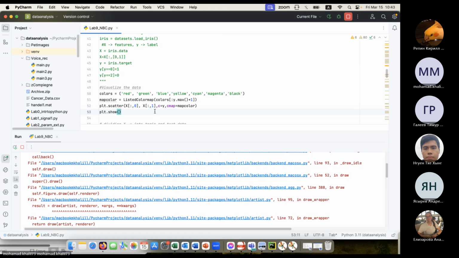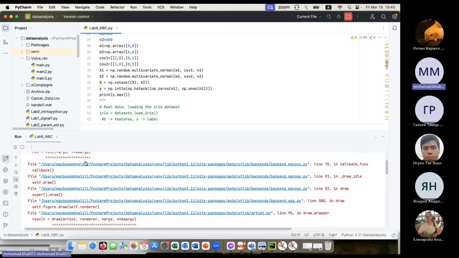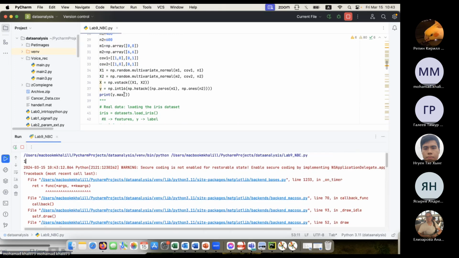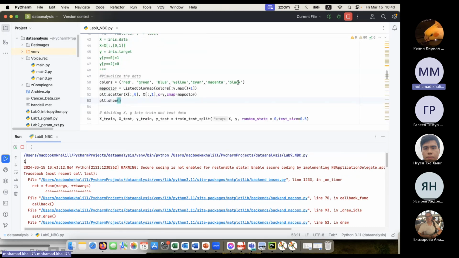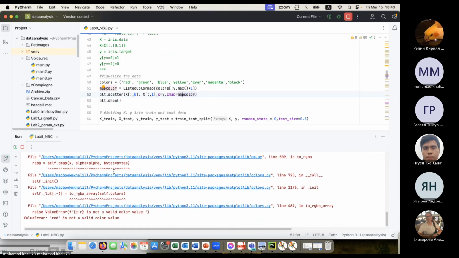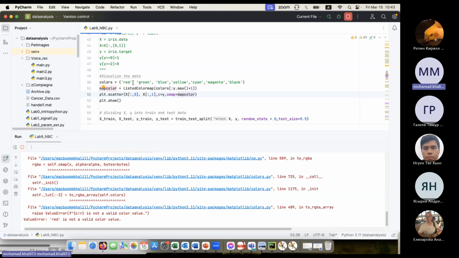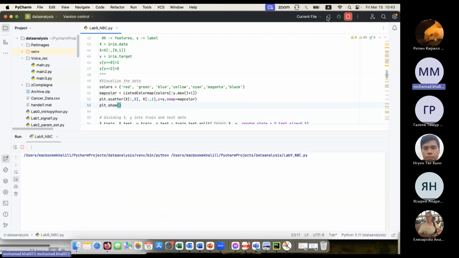What happened? So y.max is 1. And here, and here, map. Red is not valid. Strange. Okay, run.